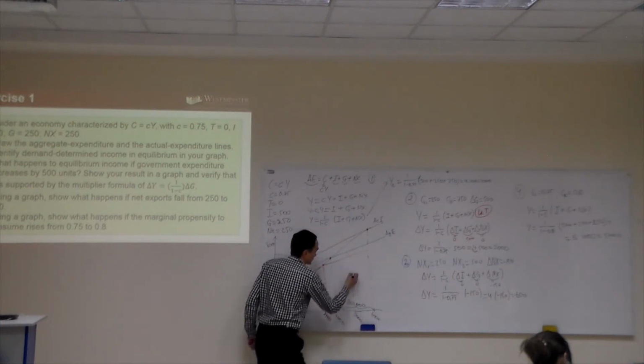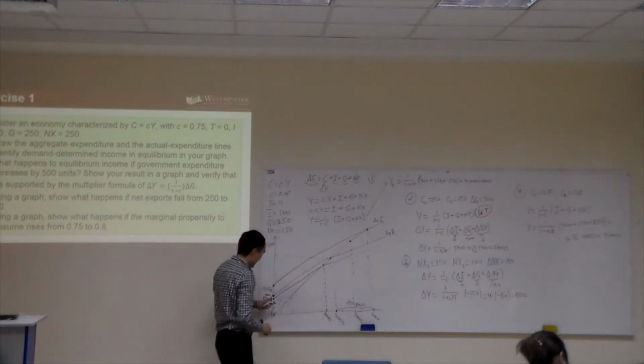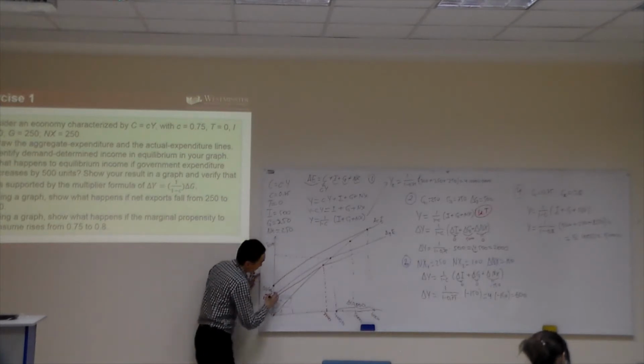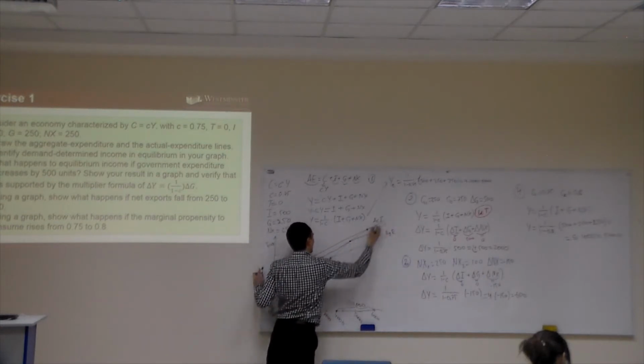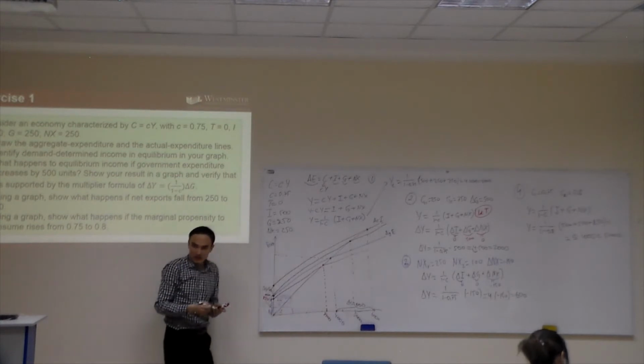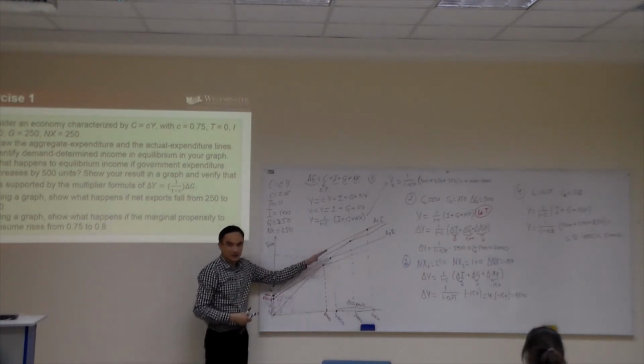So if you just plot it in the graph, then this is the equilibrium point. Starting point is this 1000, right? If you draw the straight line, you will get this straight line. What changed here? Now the aggregate expenditure line became steeper, right?